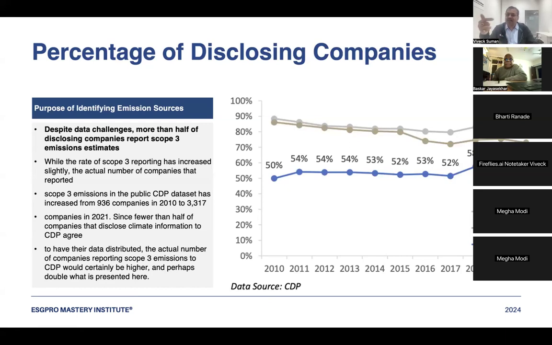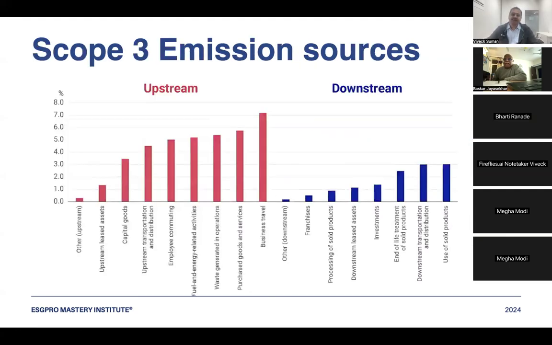So the highest number of scope 3 emission reporters is 57%, and the highest number of scope 1 reporters is around 89 to 90%. So that disparity does exist and we have to consider that. If you come to the realization that, based on upstream or downstream activity, you will understand that most of the companies are not even reporting emission sources.